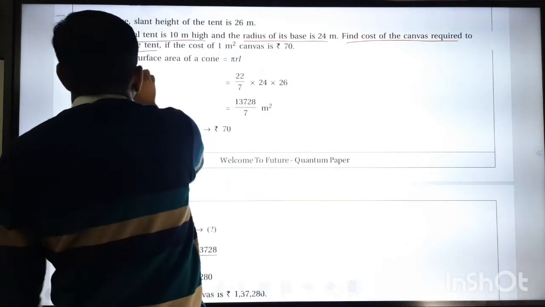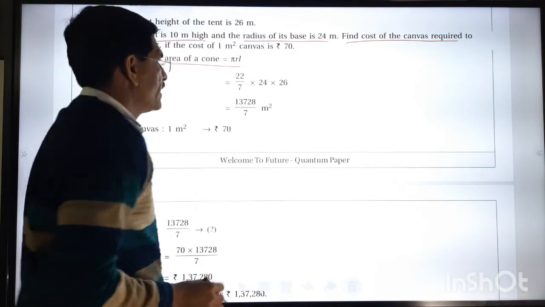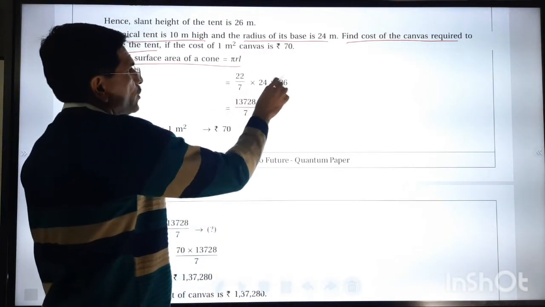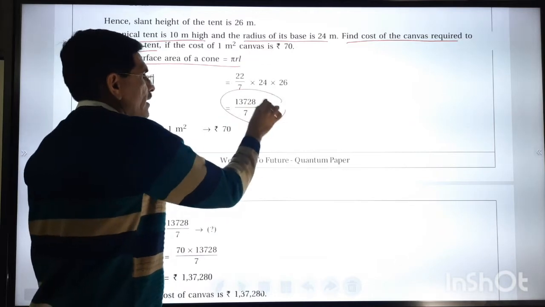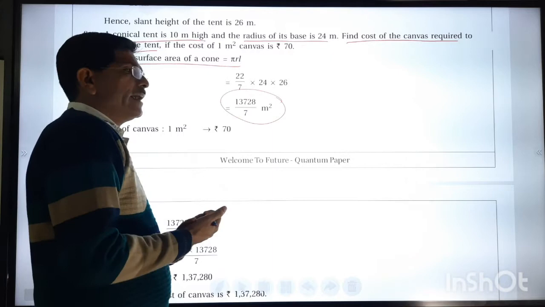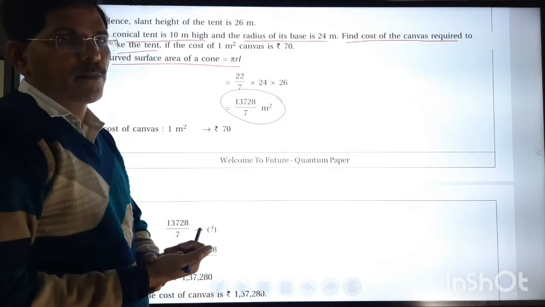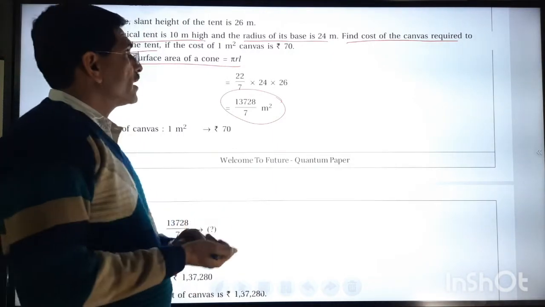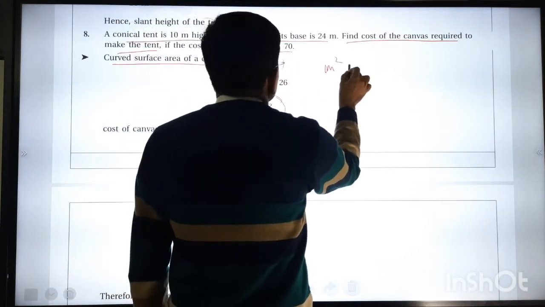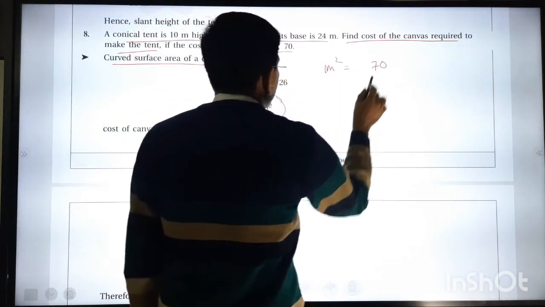So curved surface area of cone is pi r l. So we can use 22 by 7, 24 into 26. We cannot divide it by 7. Why? Because if you divide it by 7, we get a different answer with decimal points. The answer must be decimal. But when you see the costing, 1 meter square is equal to 70 rupees.